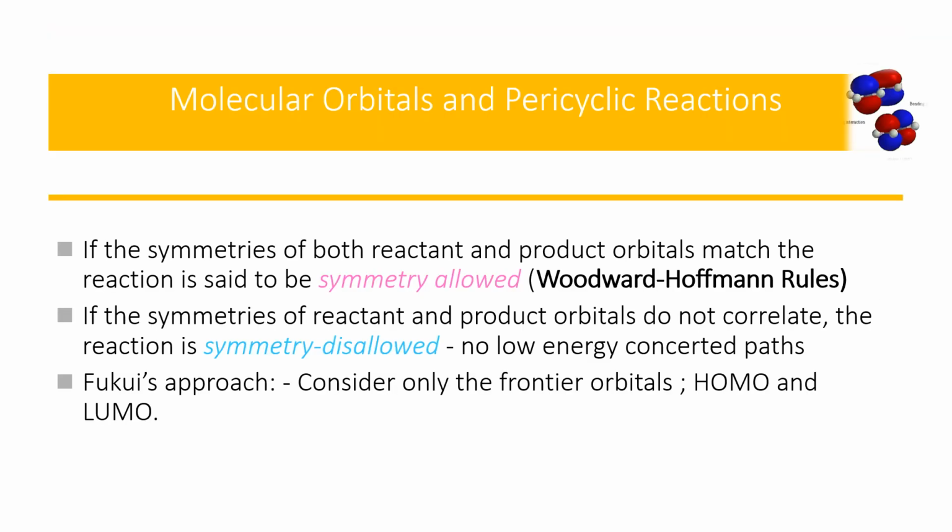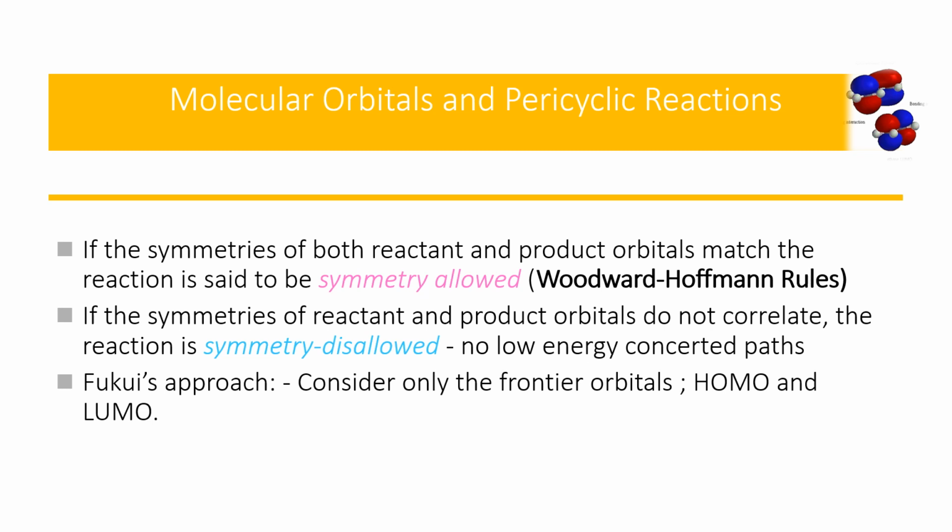For a molecular orbital treatise of the Diels-Alder, we first need to look at molecular orbitals and pericyclic reactions, of which cycloadditions are one. It states here, according to Woodward and Hoffmann in the 60s, that if the symmetries of both reactants and product orbitals match, the reaction is said to be symmetry allowed.